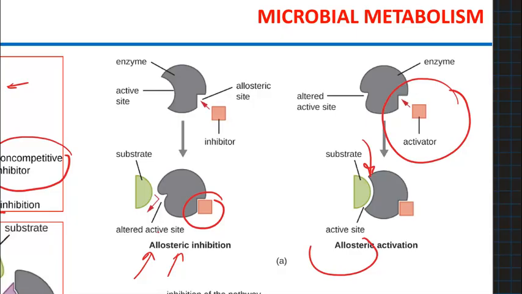The importance of this is not only because of various drugs, but also because of the regulation of metabolic pathways. A lot of intermediates of the metabolic pathways serve as allosteric inhibitors or activators of certain enzymes.